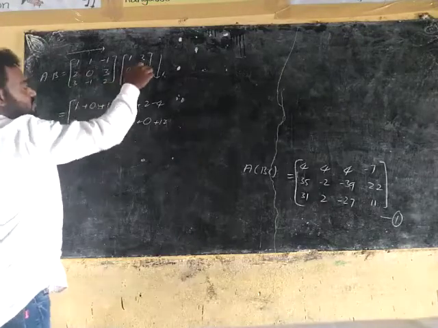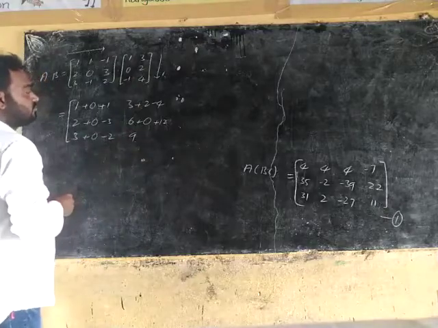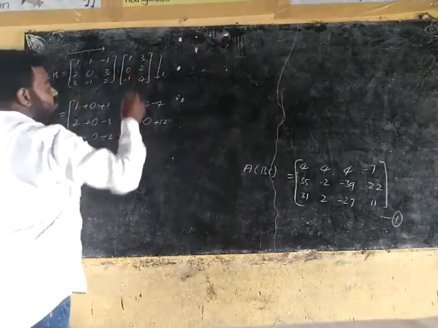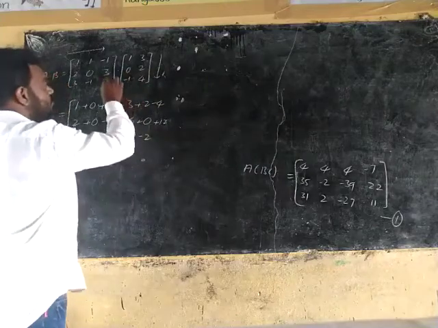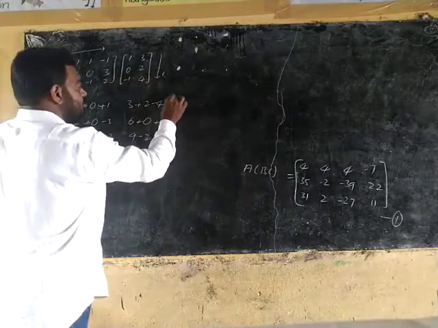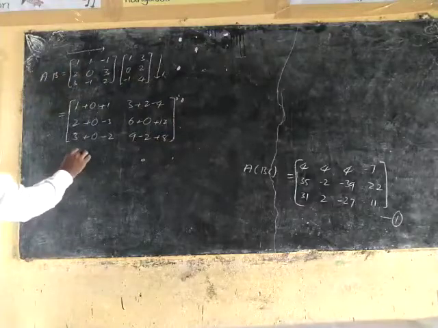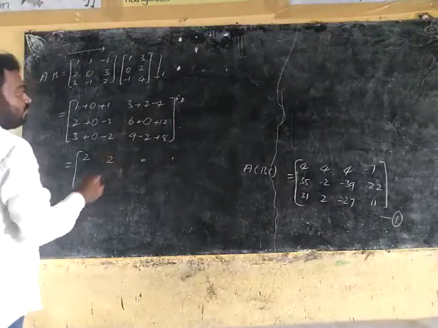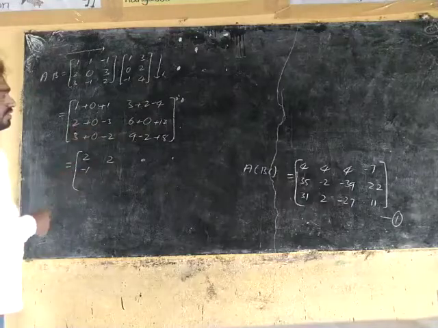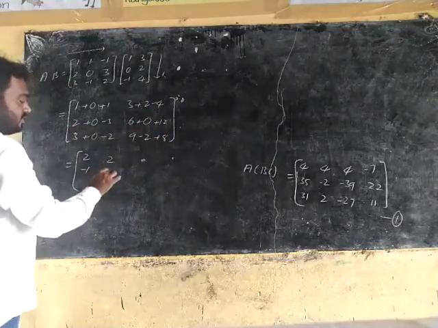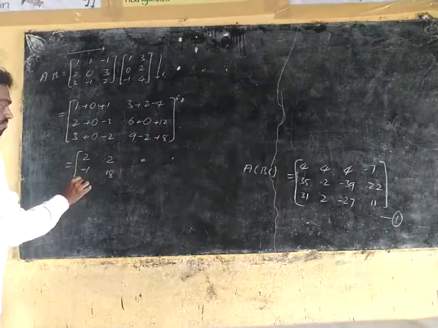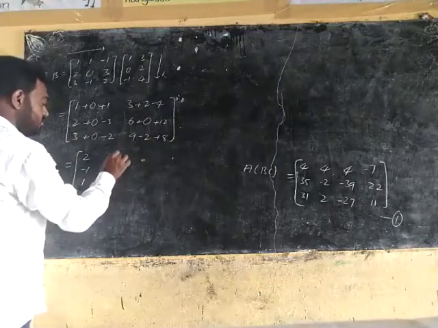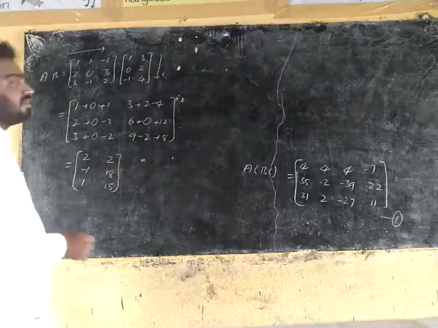Next, 3 into 3, 9. Next, minus 1 into 2, minus 2. 2 into 4, 8. This is equal to 2. This one is minus 1. 6 plus 12, 18. 3 minus 2, 1. 9 minus 2, 7. 7 plus 8, 15. This is the matrix A into B.